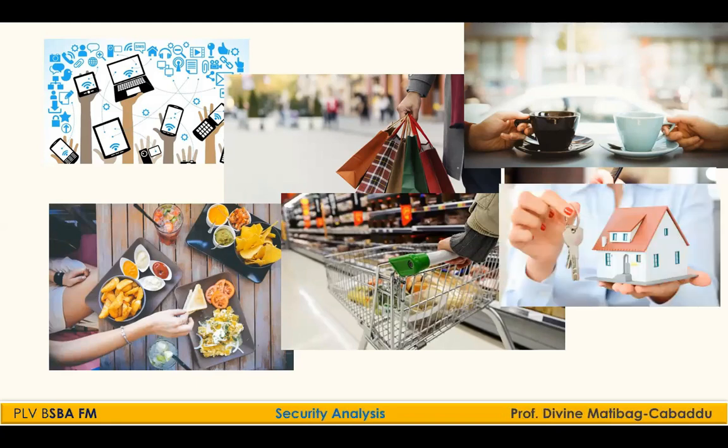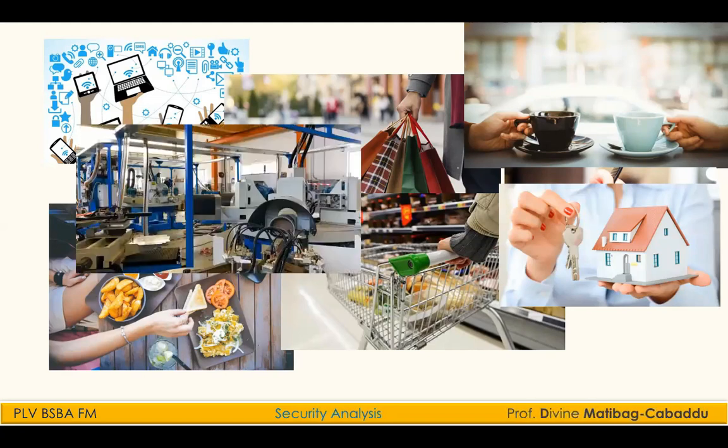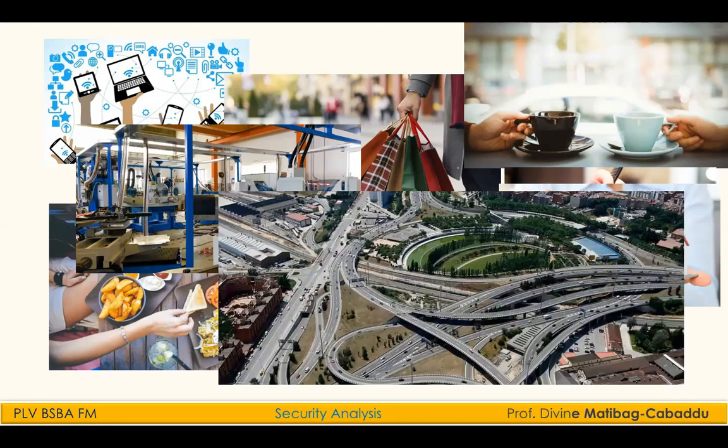So they are personal consumptions and they are included in the computation of GDP. Also included, of course, is the amount that businesses or local companies spend on buying machineries or equipment or technology for their businesses, and of course the amount that the government is spending for infrastructures and other public services.